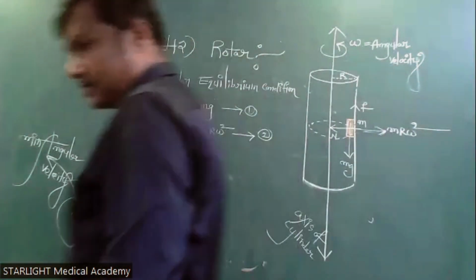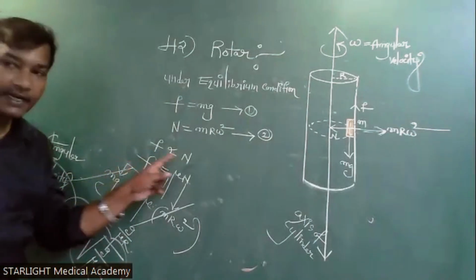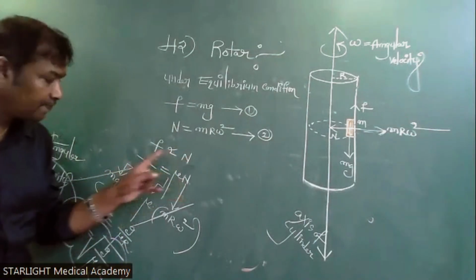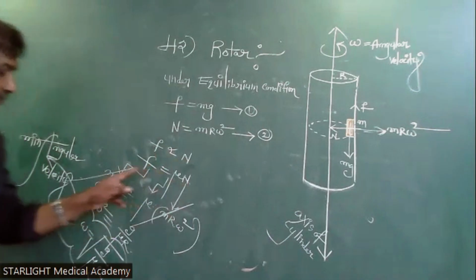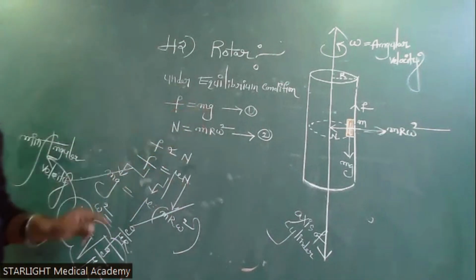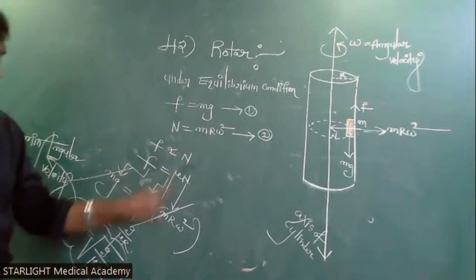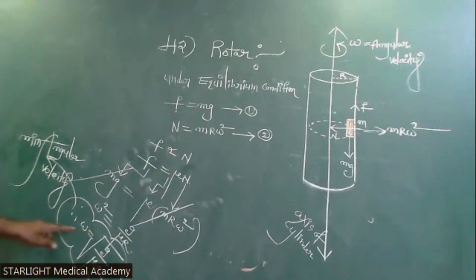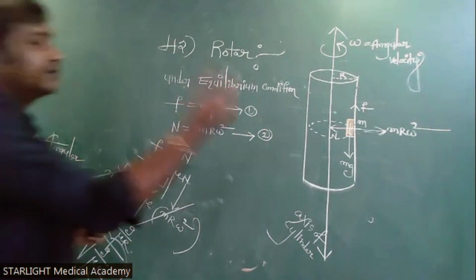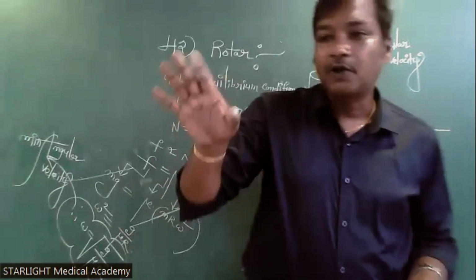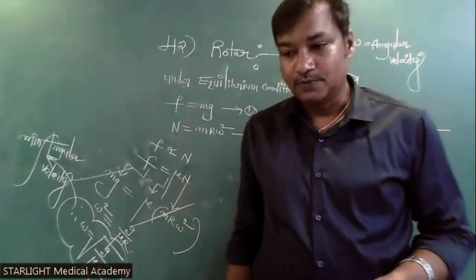How did it come? The frictional force is directly proportional to the normal reaction, F is equal to mu N. So this is the minimum angular velocity of the rotating drum such that the block cannot fall down.